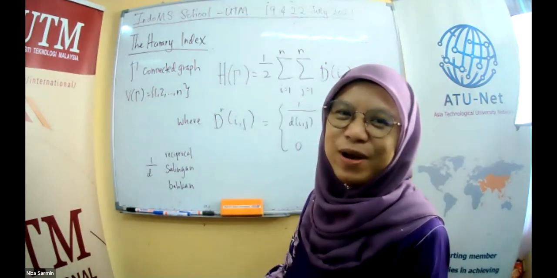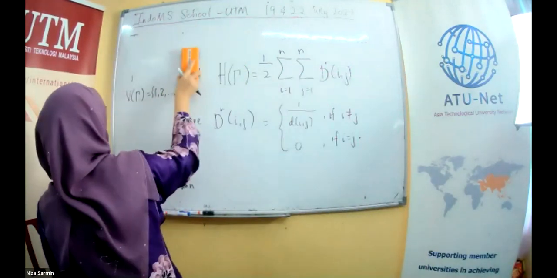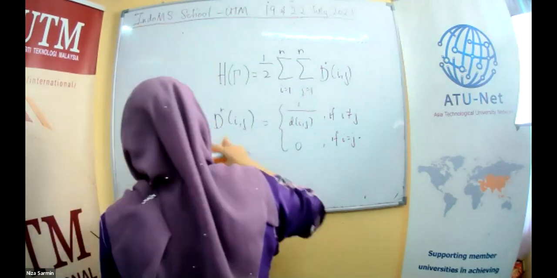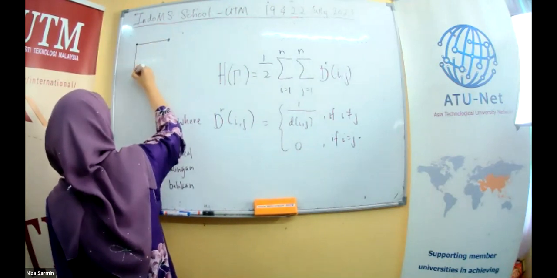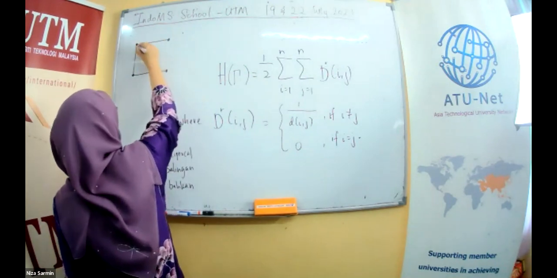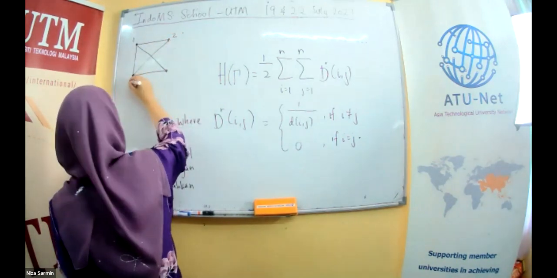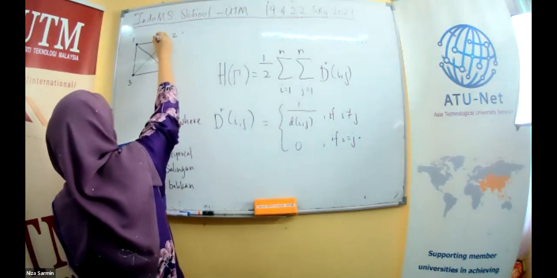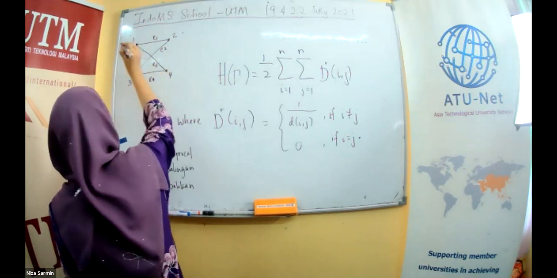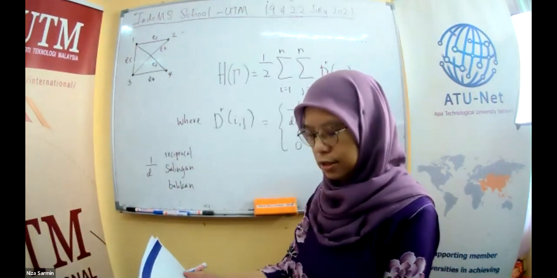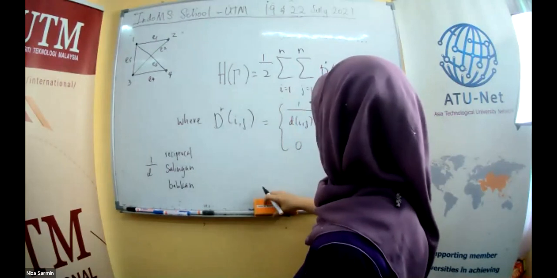So I had to pull the whiteboard from before and draw that graph. Okay, by now you must remember this graph. 1, 2, 3, 4, 5. So this is just a simple connected graph, and we want to calculate the Harari index.